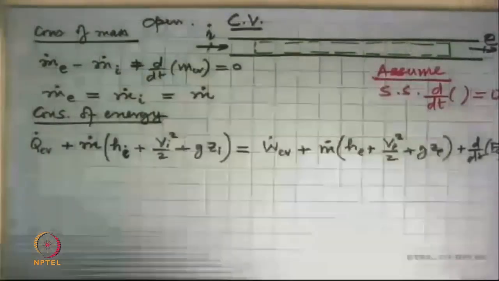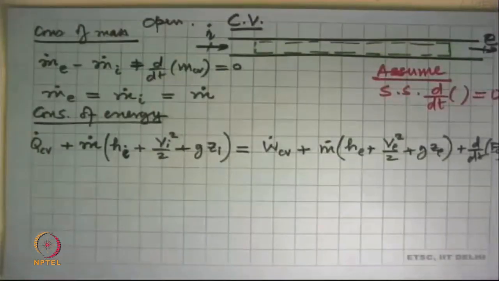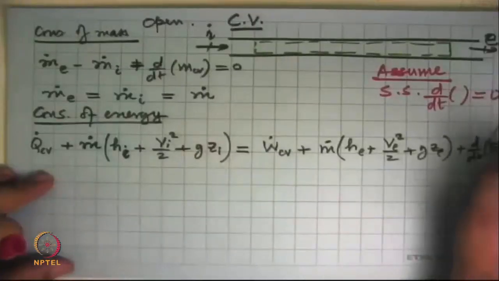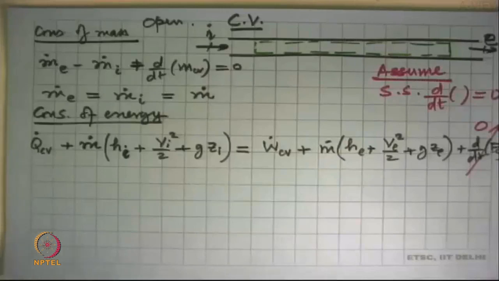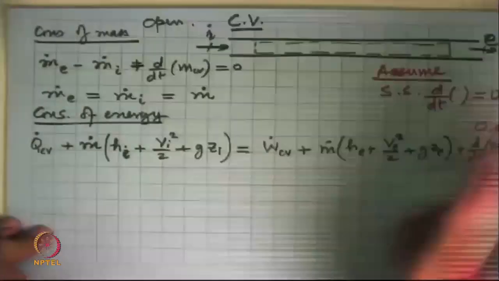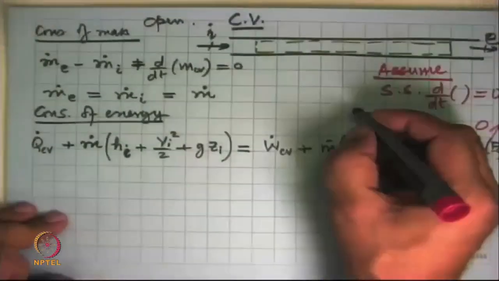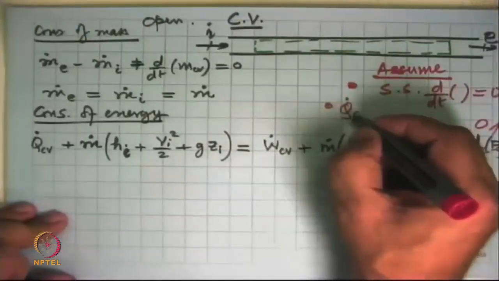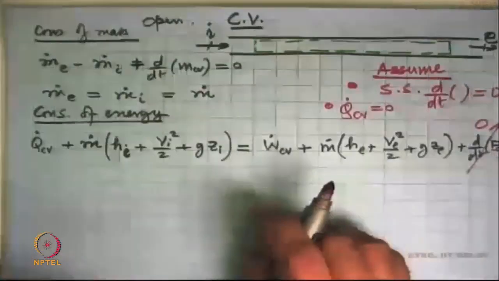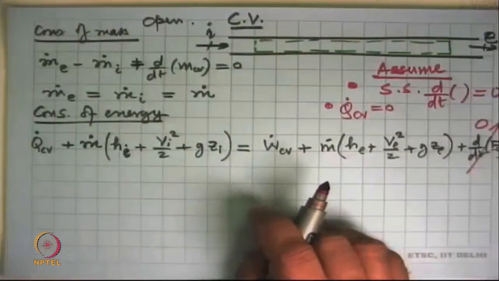And since we assume steady state, this term is 0. Now, since the fluid is just flowing there, the next assumption we make is Q dot CV equal to 0, which means there is no heat transfer with the surroundings. It is not being heated, it is not being cooled, it's just flowing.